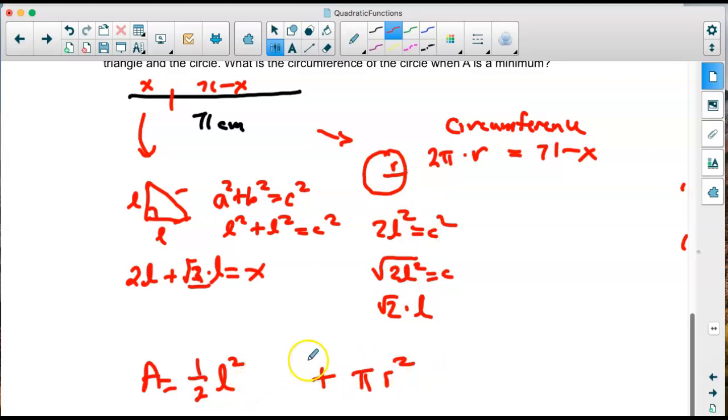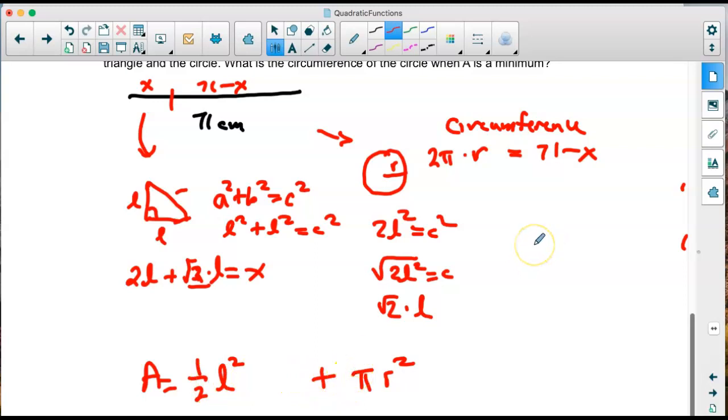We need to make this in terms of x, so we have to solve these up here for L and r, so that we have x's in these two spots.